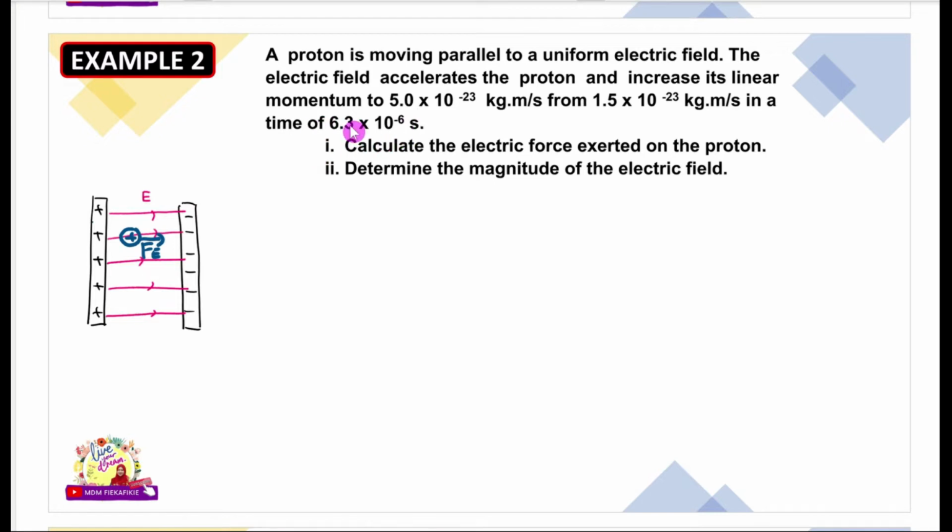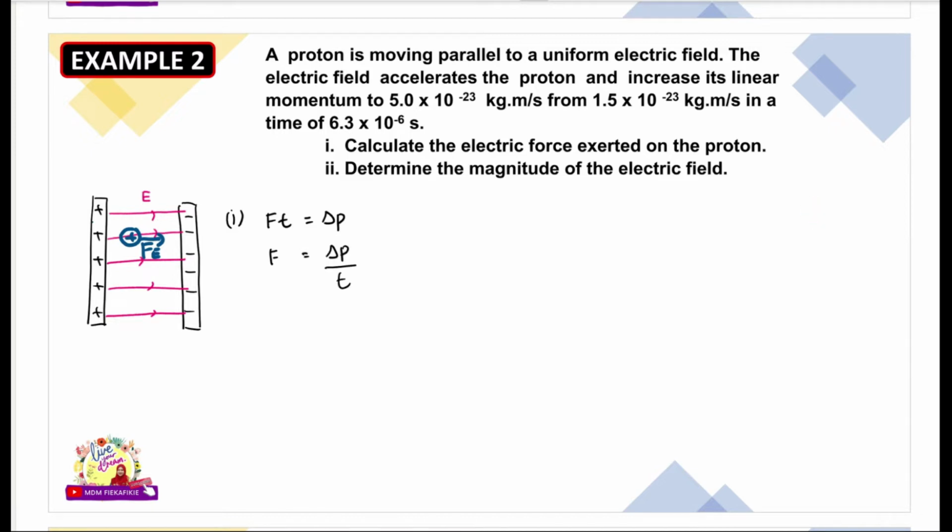So we have a change of momentum over time. So actually we can calculate the force. Okay, so calculate the electric force exerted on the proton. So based on this question, we can use equation of Ft is equal to delta P. Okay, the change of momentum is equal to impulse. Okay, so in this case, we can calculate F is equal to delta P over t in order to calculate the electric force.